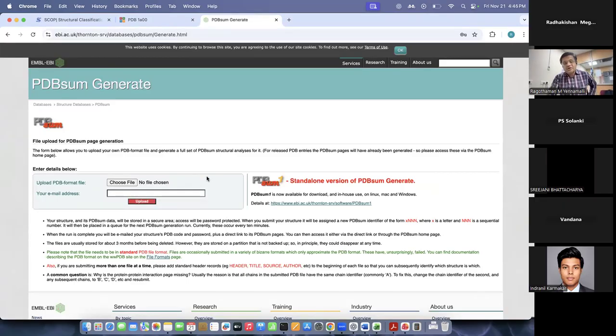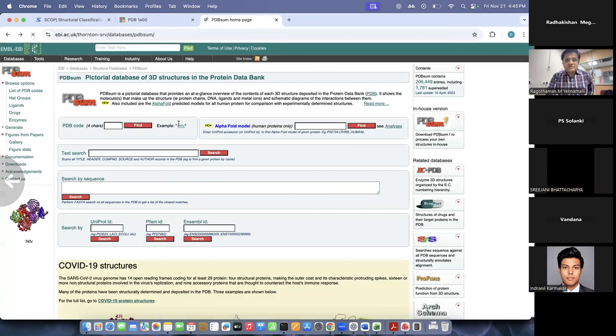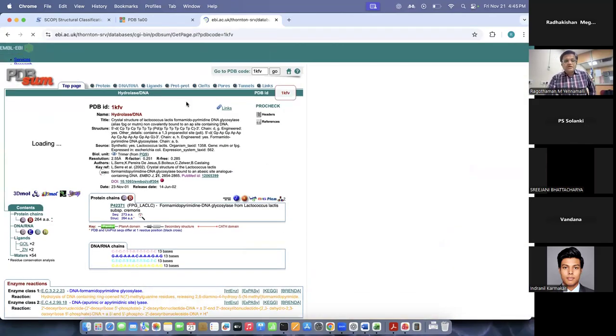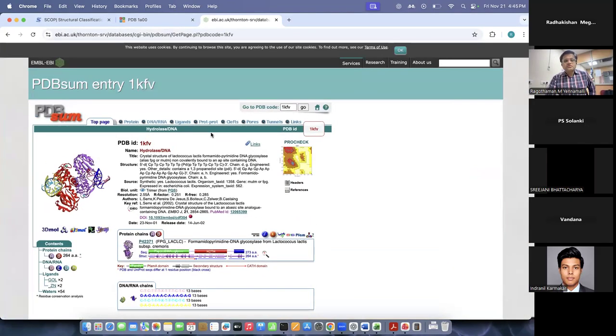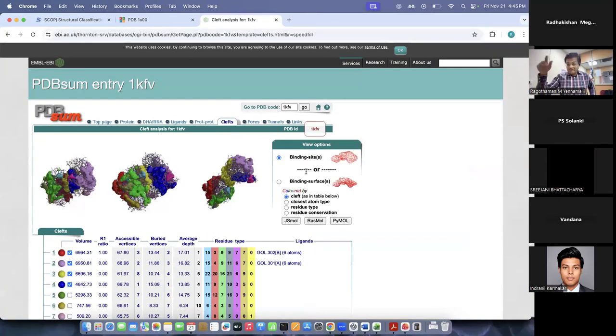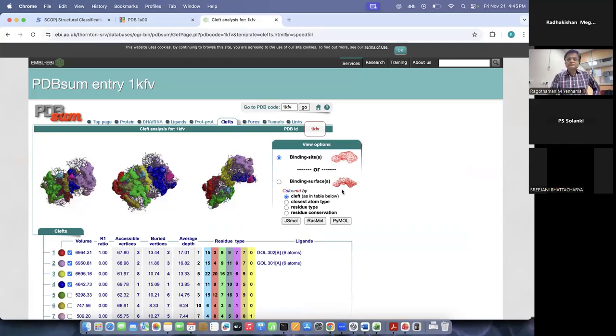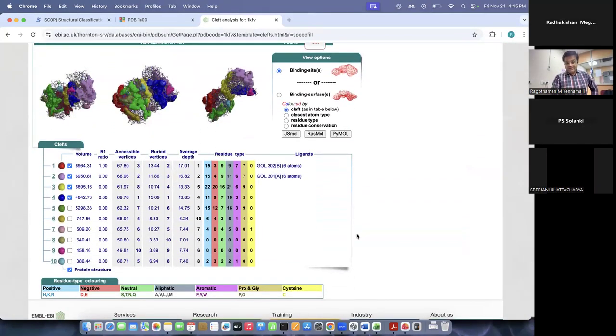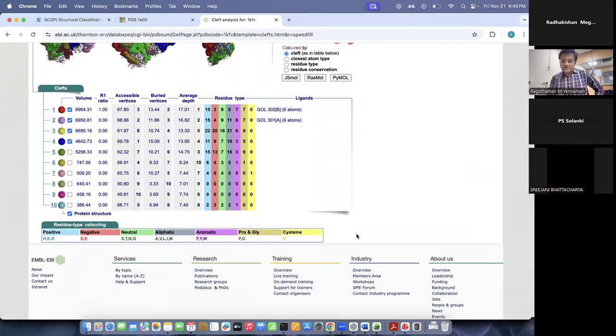And in many cases, for example, let me go back to that example 1KFV, it also gives you regions like clefts, which we talked about as crevices in the structure. Those are most likely active sites or regions where the protein binds to a ligand or an inhibitor.